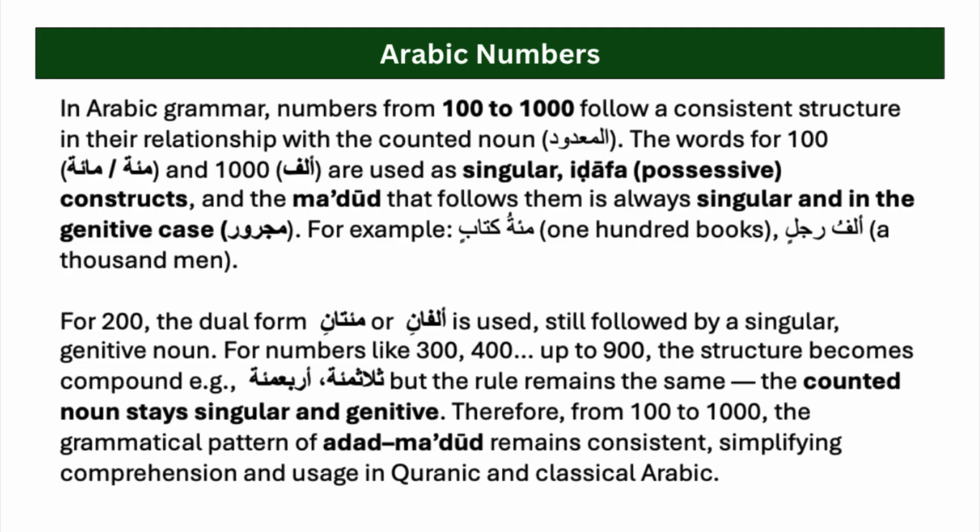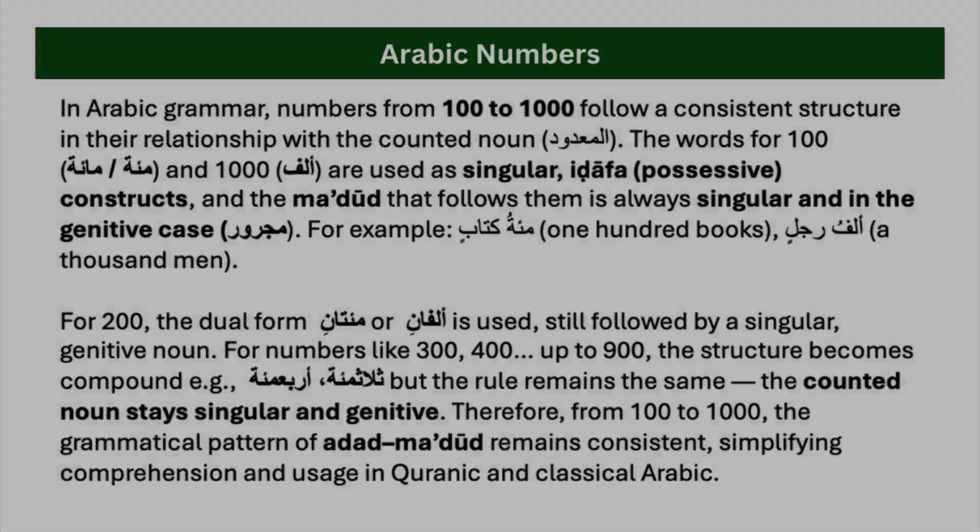Third, from 100 to 1000, the counted noun becomes singular and majrur in an idafa structure. So a useful memory line for this slide is: 1 and 2 agree. 3 to 10 oppose. 100 and above takes singular majrur. And another is, always ask, what is the adad and what is the madud?